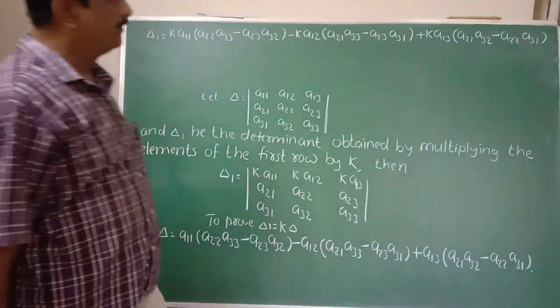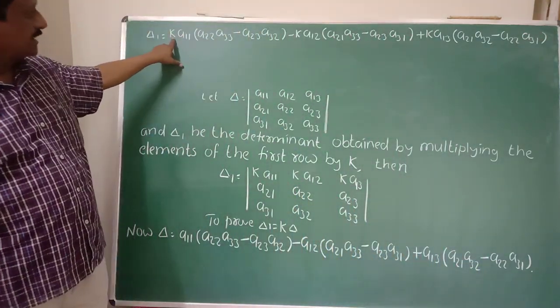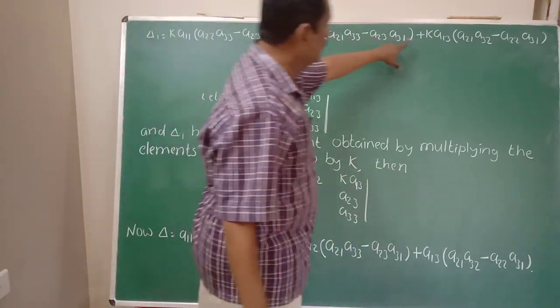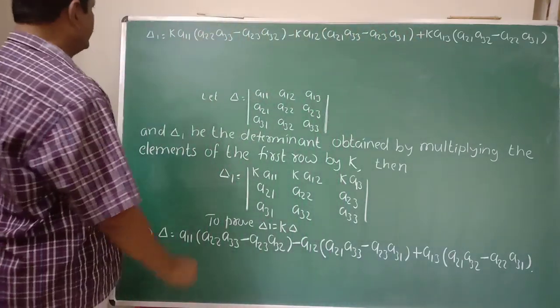Okay, just observe here. Here is a k, here k, here also k. Take k outside, it is a common factor.